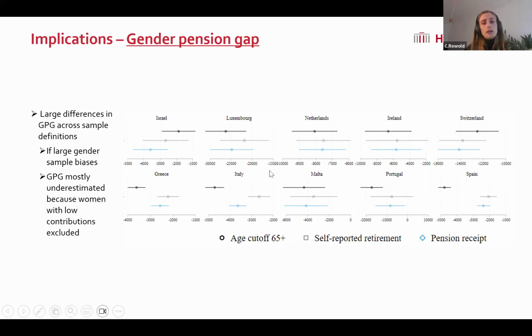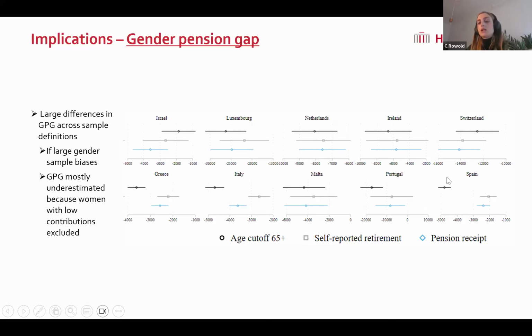And what we see here in most countries, with the exception of Israel and Switzerland for different reasons, is that we would largely underestimate the level of the gender pension gap if we would use self-reported retirement or pension receipt.